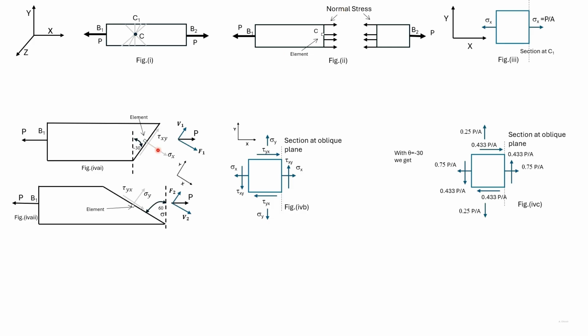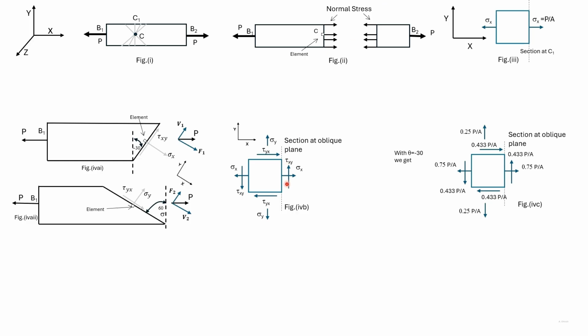This element is shown here magnified and upright. This oblique plane is shown here. So we have just found out sigma x and tau xy. For equilibrium, there would be sigma x and tau xy acting here.